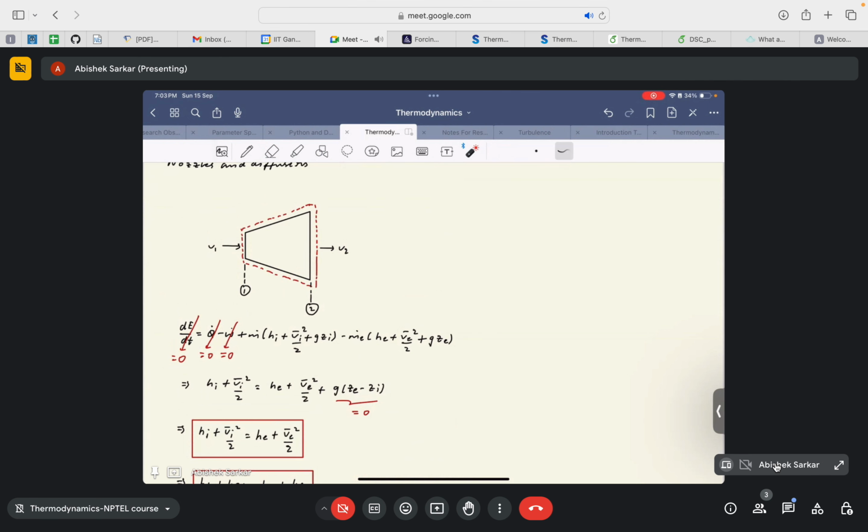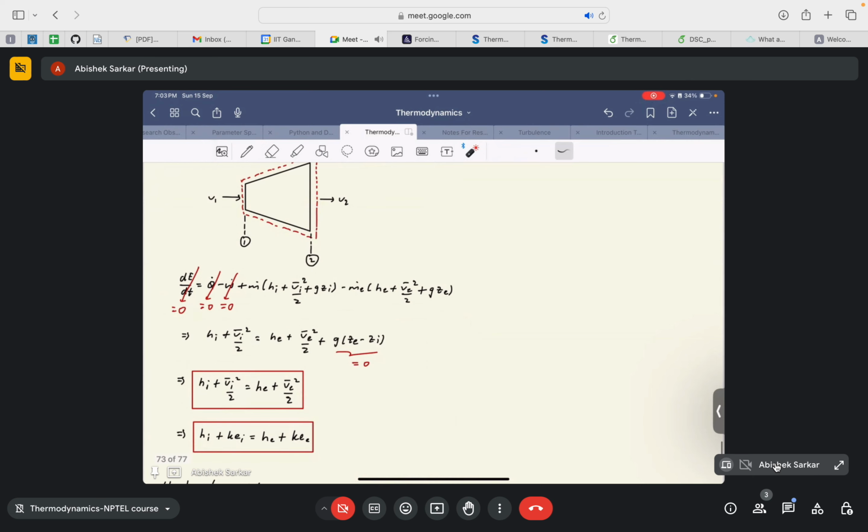If you are not able to recollect, it's a good practice to remember the entire form of the steady flow energy equation, and then cancel out the terms that you will eventually realize are not important. Okay, so in the case of a nozzle and diffuser, as I mentioned, the velocity terms are crucial because the very purpose of using nozzles and diffusers is to increase or decrease the velocity, or decrease or increase the pressure.